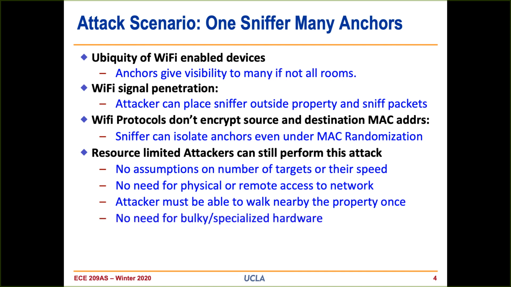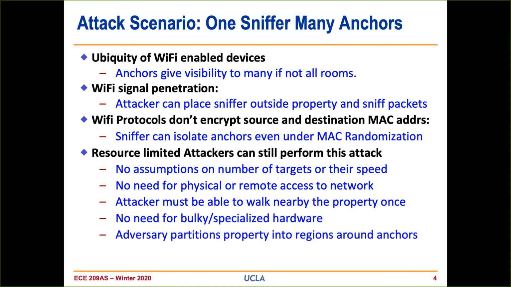And there's no need for bulky or specialized hardware. You don't need directional antennas, antenna arrays, USRP radios, nothing complicated. You only need a commodity mobile or IoT device that has an inbuilt antenna, which is pretty common. And the adversary pretty much just partitions the property into a bunch of regions around different anchors.